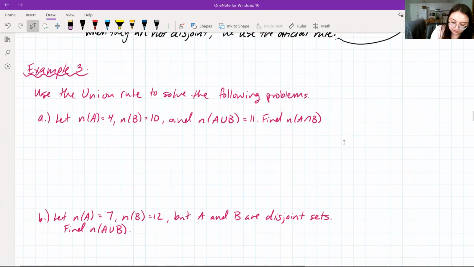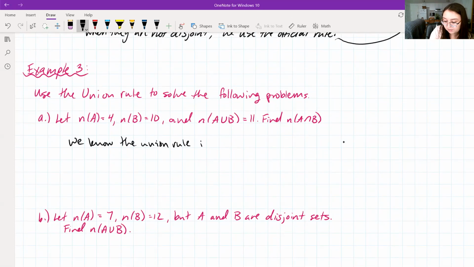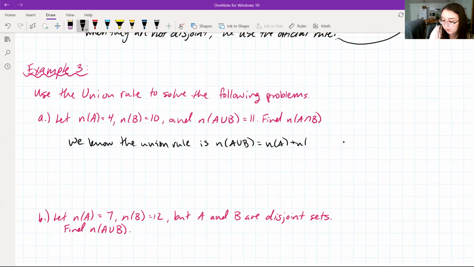So we know the union rule is, let's just rewrite it, N of A union B is equal to N of A plus N of B minus N of A intersect B. All right, so we know this union rule, so let's plug in our values.